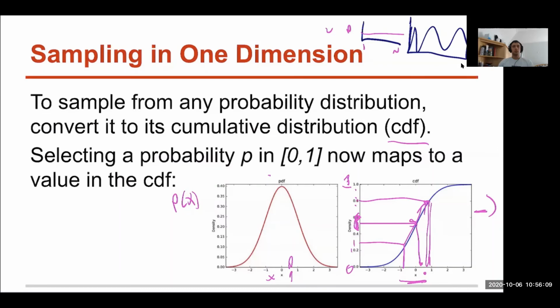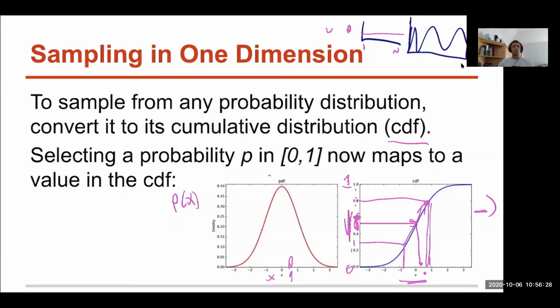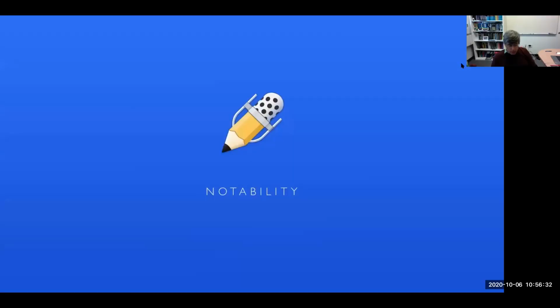That's exactly what the intuition is here. Where the CDF is steeper corresponds to high probability items, and that gives me a fatter X range to hit those values. And that is exactly the intuition of what we're trying to do here. Okay, great, thank you. Any questions? Any questions about random sampling or anything like that?